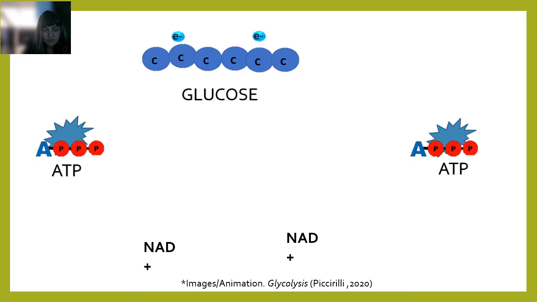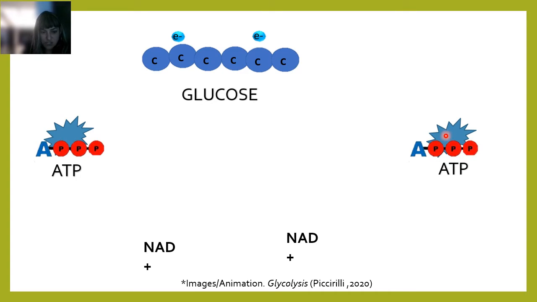Using my laser, these 6 carbons represent a molecule of glucose. These represent electrons. These represent those ATP molecules that we talked about, and this is the 3 phosphoryl groups.